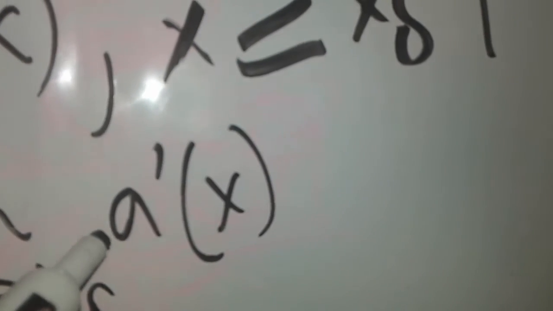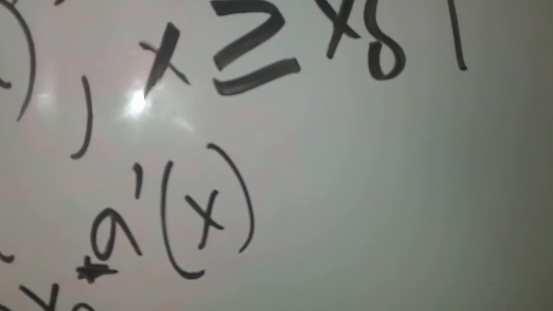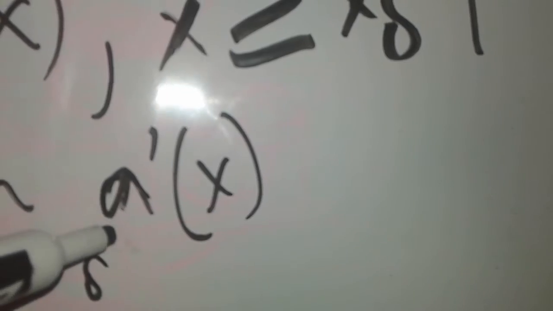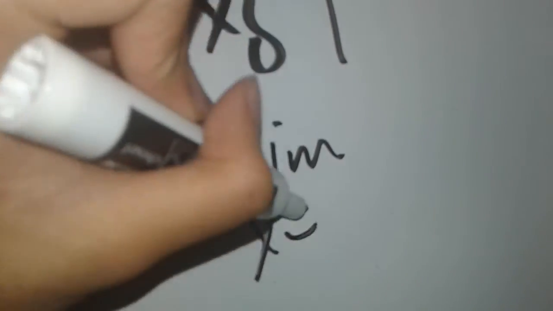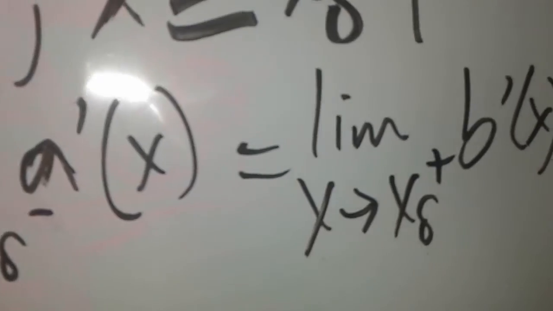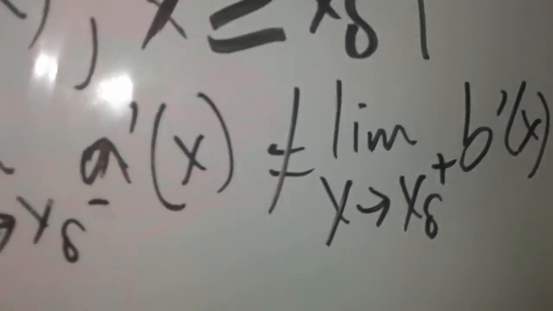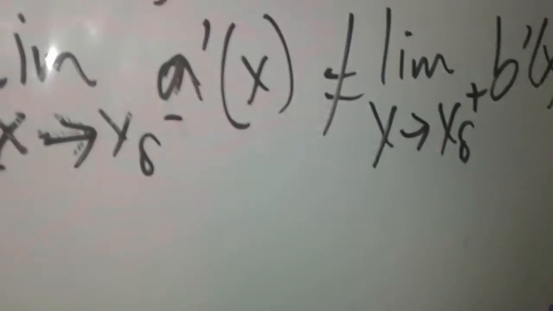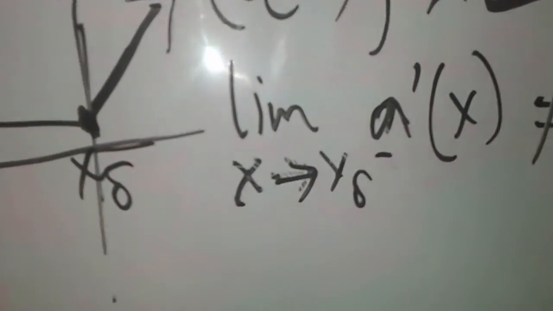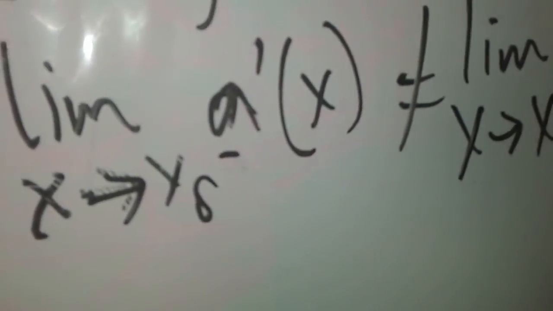So this is from the left. This equals the limit as x approaches x sub delta from the right of b prime of x. Or rather, it doesn't equal that, because they're different. That's why it shows difference. It's a significant change, basically.